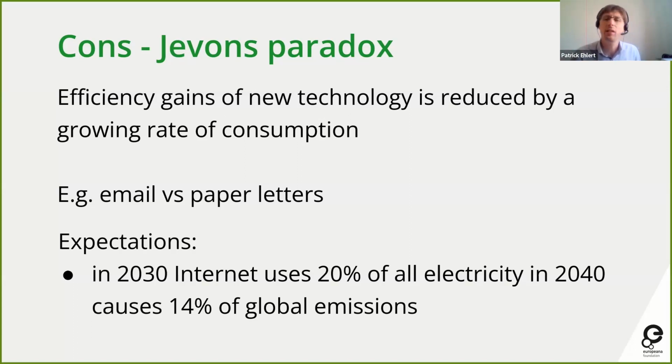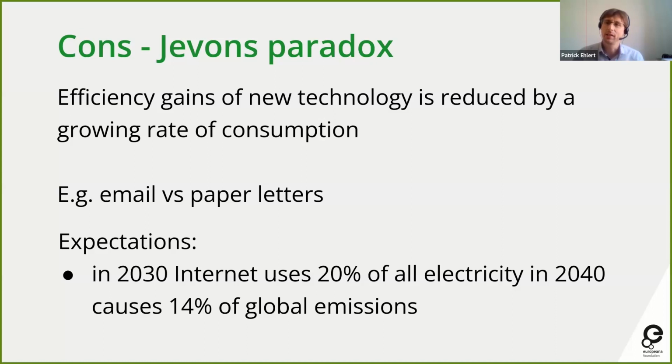Before 1990, people would write letters to each other, send them by snail mail, as we call it now. And now we're sending around emails, and it's literally millions of emails sent out every day. People receive hundreds of emails per day easily. So that's quite an increase in usage compared to the paper letters of 30, 40 years ago.